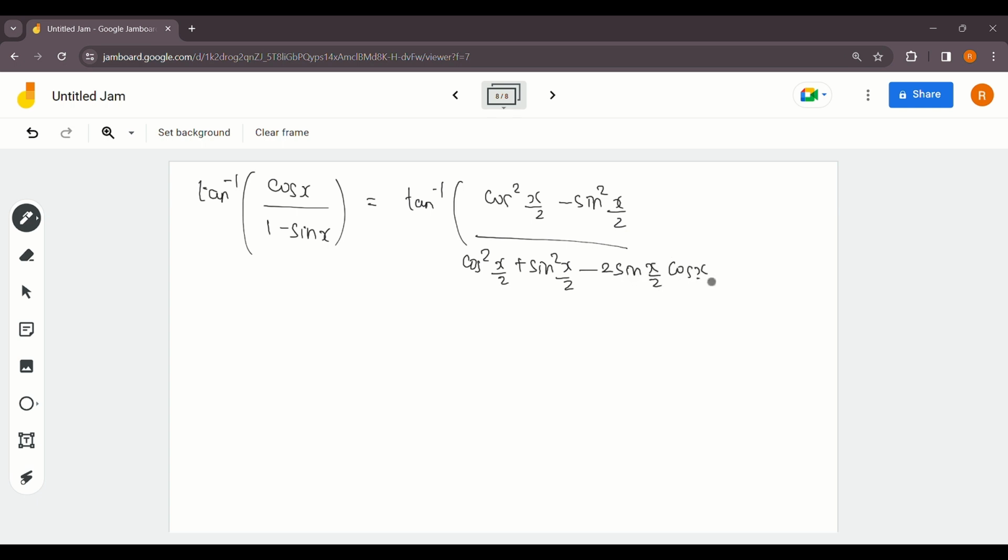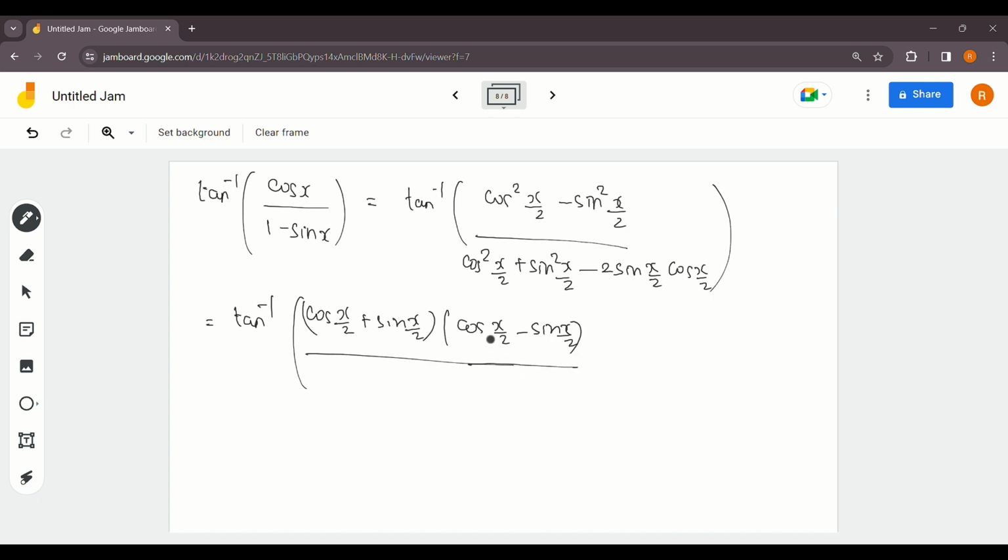So it becomes 2 sin x by 2 cos x by 2. Now if you look at the numerator, it looks like a square minus b square. So it is nothing but tan inverse of a plus b into a minus b, so cos x by 2 plus sin x by 2 into cos x by 2 minus sin x by 2.